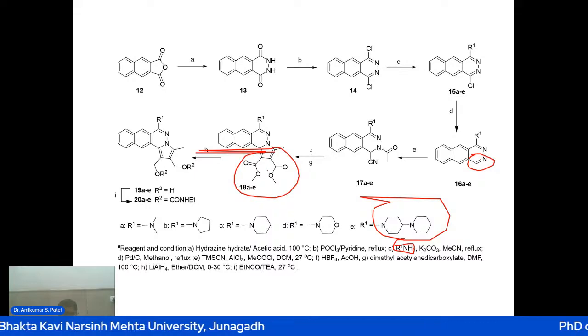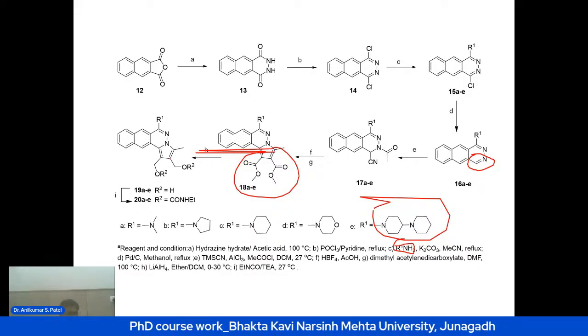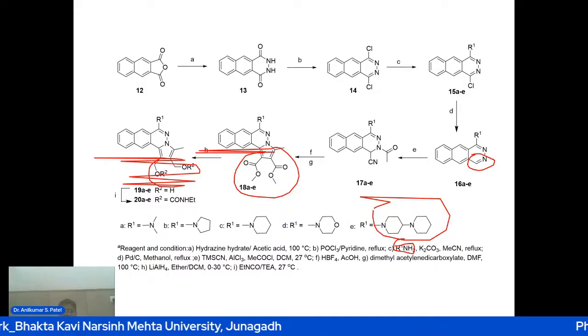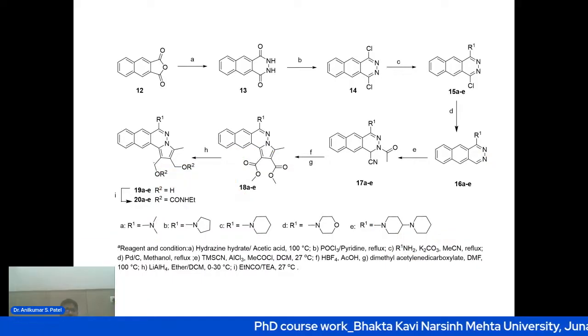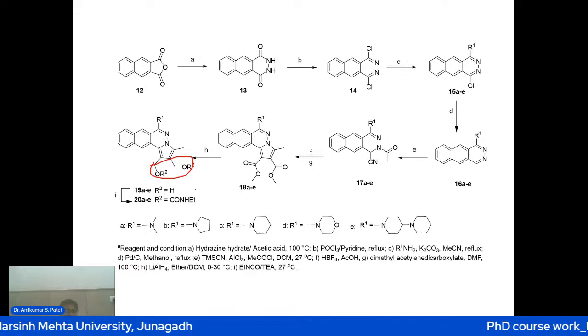This 18th compound, the ester, is reduced with lithium aluminum hydride, which converts into the bis-hydroxymethylpyrrole derivatives. When this is treated with ethyl isocyanate in TEA, it produces the ethyl carbamates.